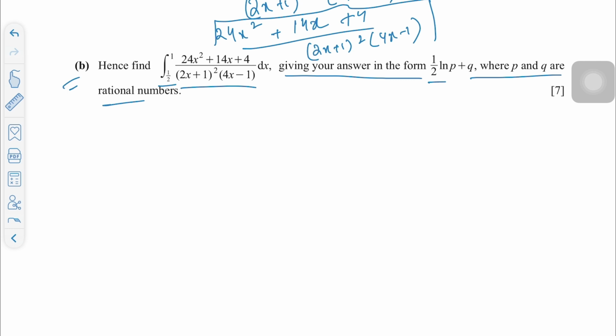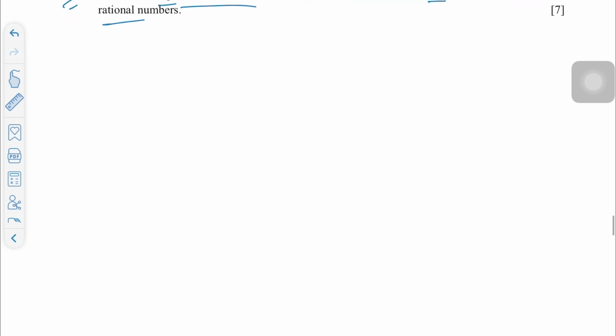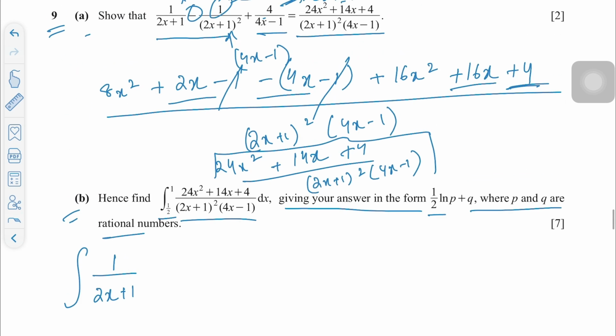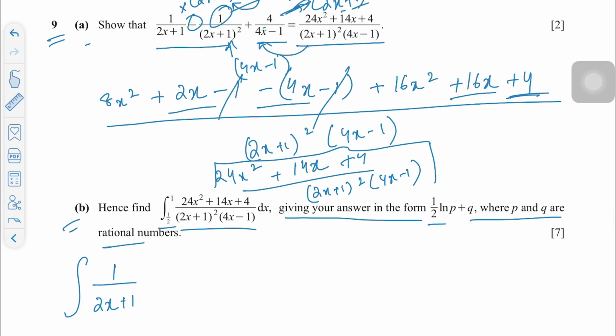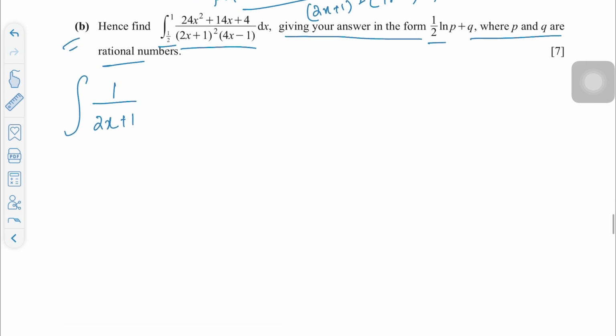Okay, so let's start. So this would be 1 over 2x plus 1. I'm just simply writing this as this. This would be negative 1 over (2x plus 1) whole squared, and this would be plus 4x minus 1.